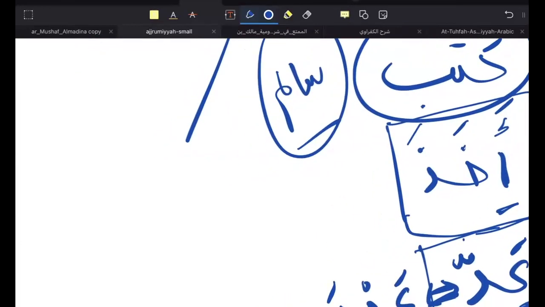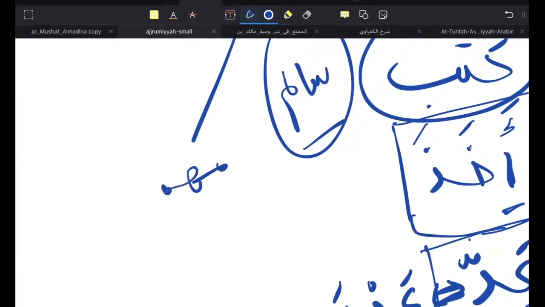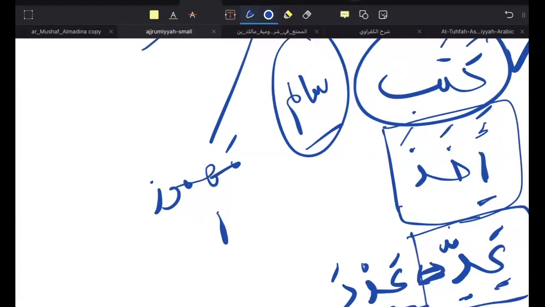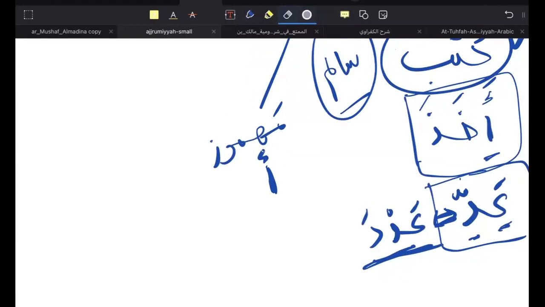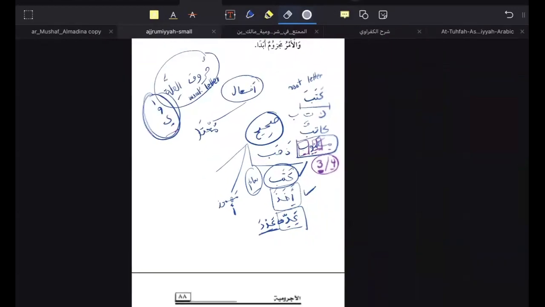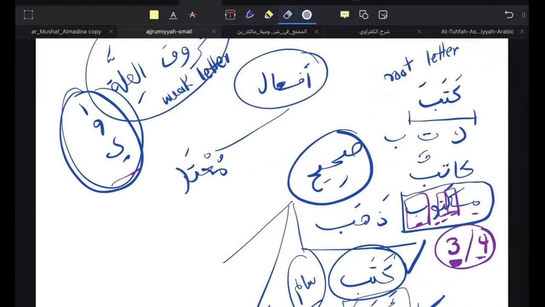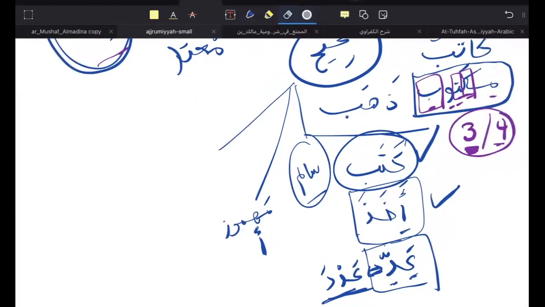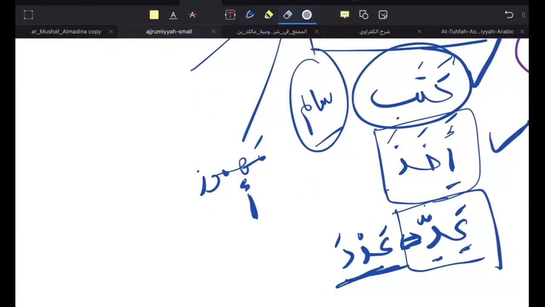The second type of sahih we have is mahmuz. Mahmuz is when you have hamza. So if the verb has hamza, it is still not your alif, waw, and ya. So that means it still goes under sahih, but because it has hamza, there are some complications when you do conjugations. That's why they make it a separate category.